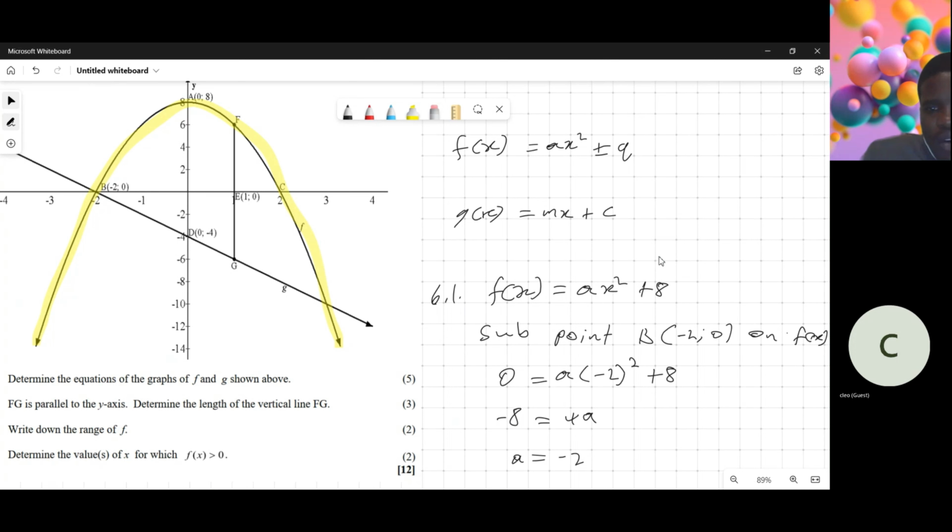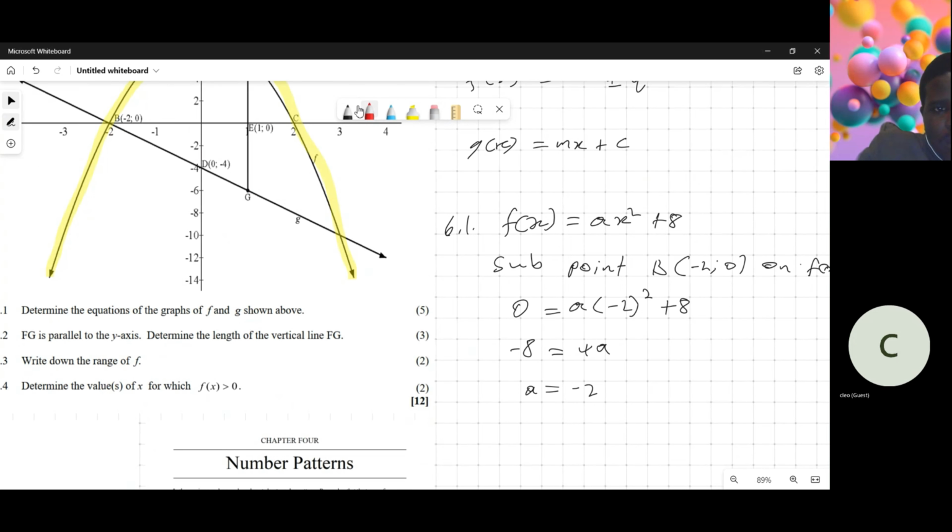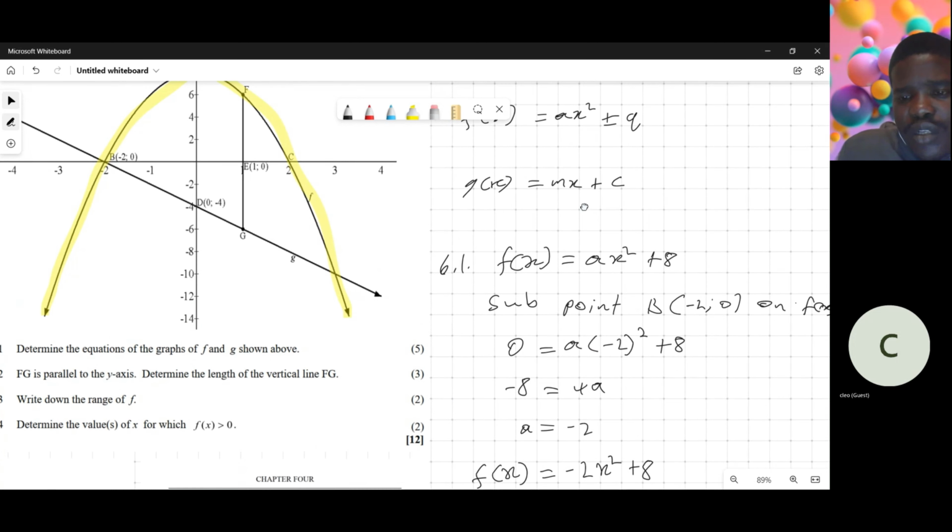Now our equation of f will be as follows. f of x is equal to -2x squared plus 8.